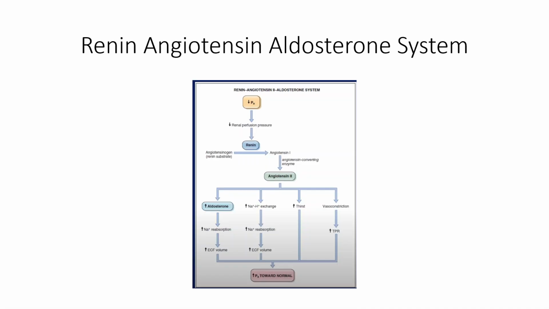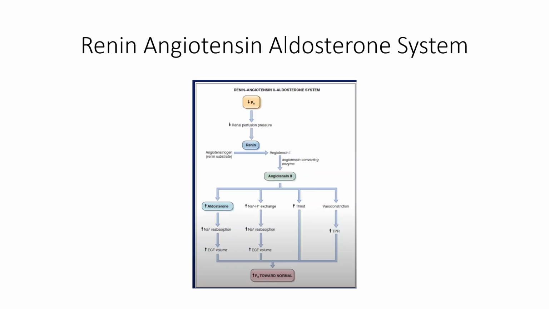Okay. So, a super important regulatory system called the renin-angiotensin-aldosterone system. This is like a multi-organ regulatory system. Renin is coming from your kidneys. Then you have angiotensin converting enzyme coming from your lungs.